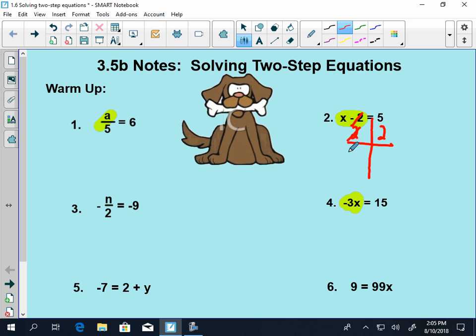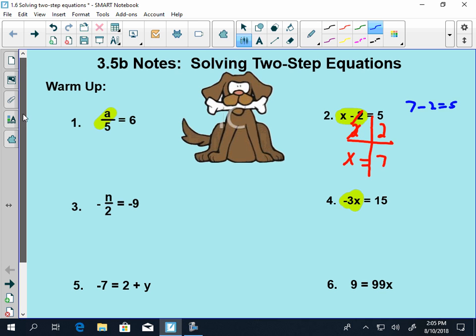The 2's cancel, x equals 7. That easy. Now, you could have known that because 7 minus 2 is 5. But those are the steps you use. If I want to check it, I then plug 7 back in. 7 minus 2 equals 5. That is true.